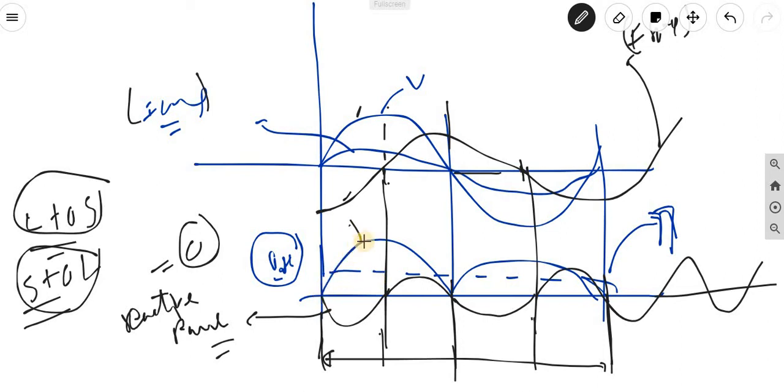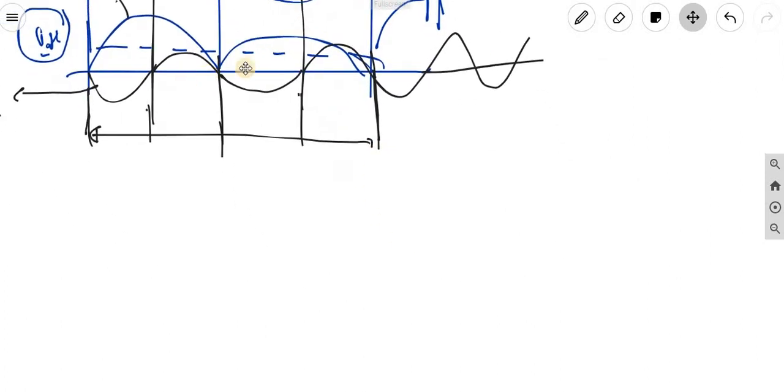So if there are 2 cycles here, and here also 1 cycle and another cycle. As we know the fundamental frequency is f, suppose this is the fundamental frequency. So for this power, the power frequency would be 2f, because in one cycle we are getting 2 cycles.